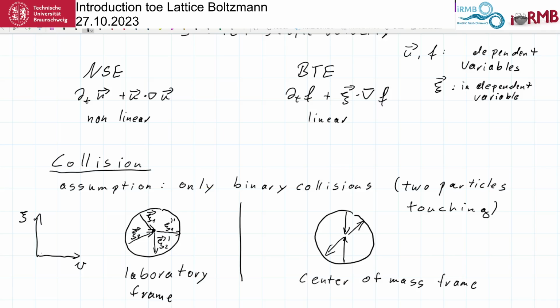They come in with the velocities xc1 and xc2, and they go off with xc1 dash and xc2 dash.